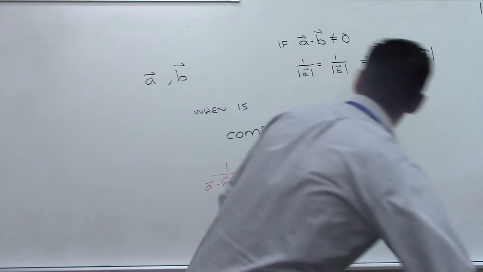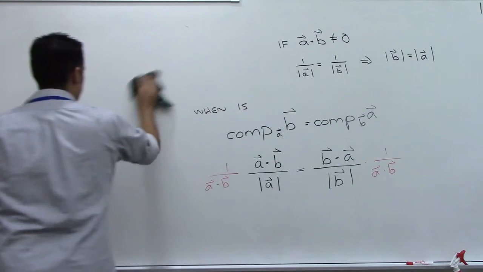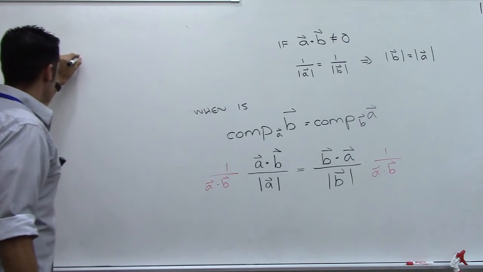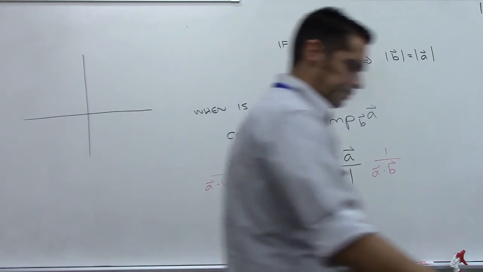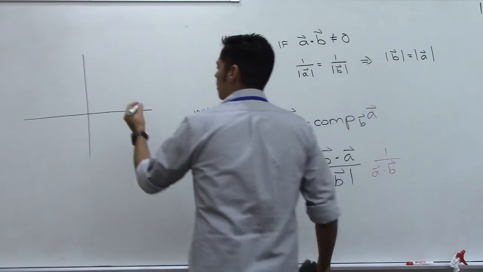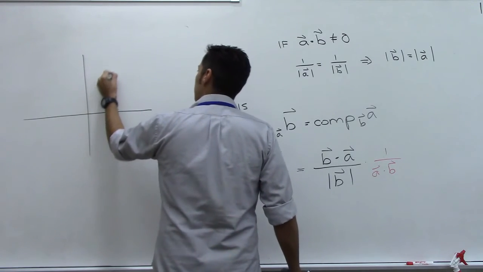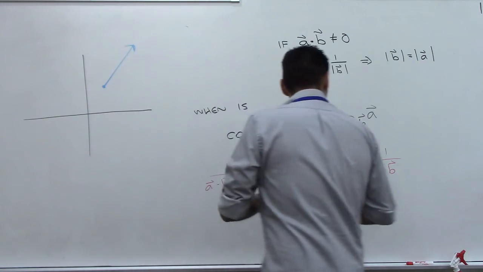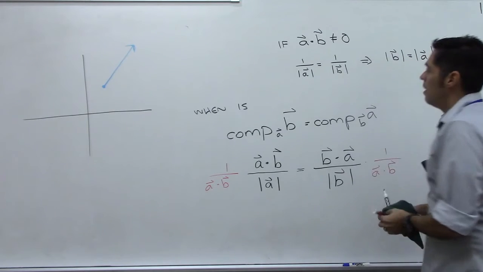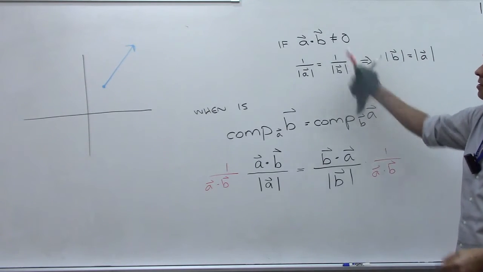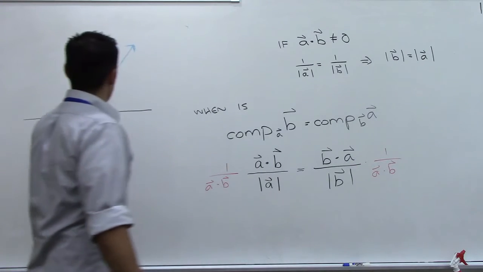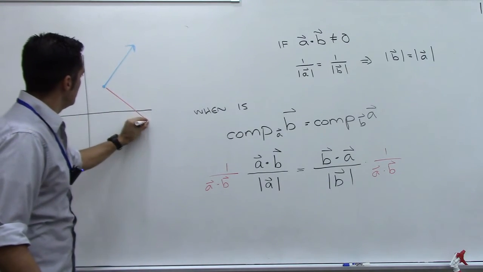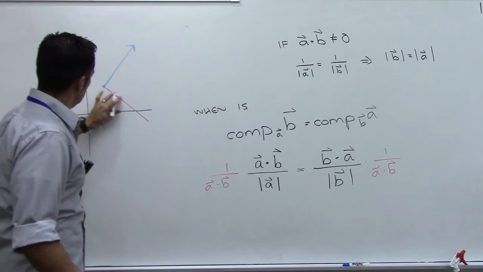Let's say that we have two vectors, and let's do it in two-dimensional space so it's easier. Let's just say you take some vector. Here it is. Now I come up with another vector where the dot product is not 0, so they are not perpendicular. I can't make a right angle.